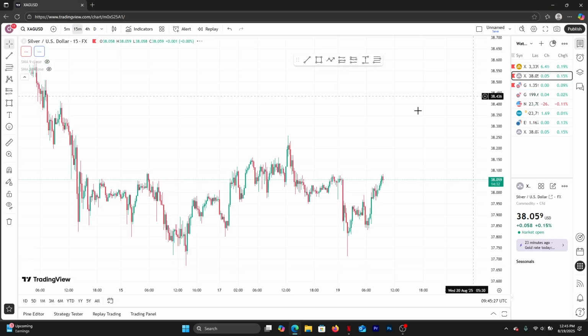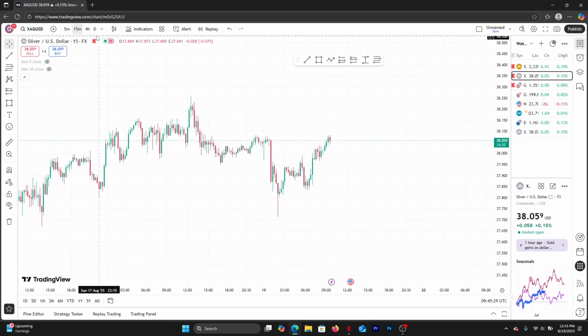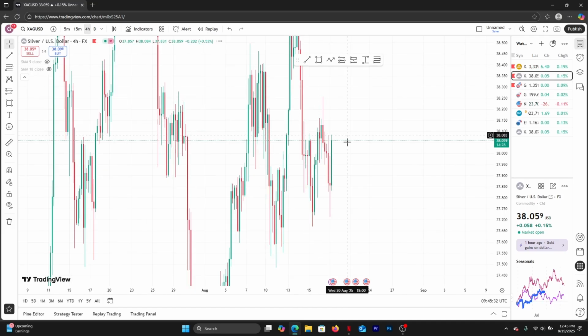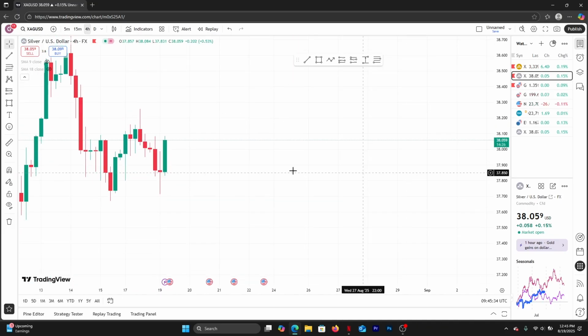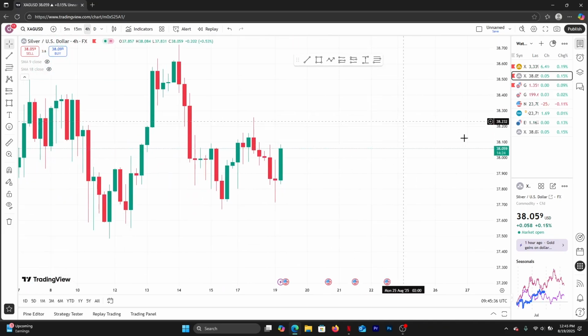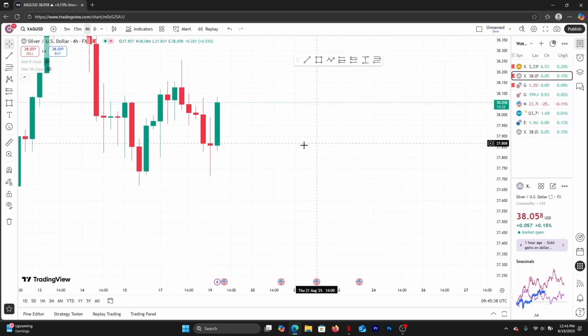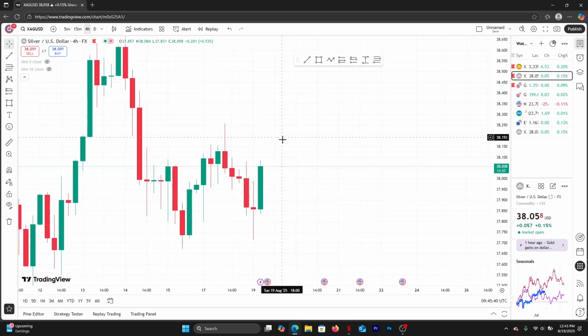Going to XAG. XAG is a trade that happened today, starting off in the 4-hour time frame. So we have this bearish situation right here, and we have this fair value gap here.